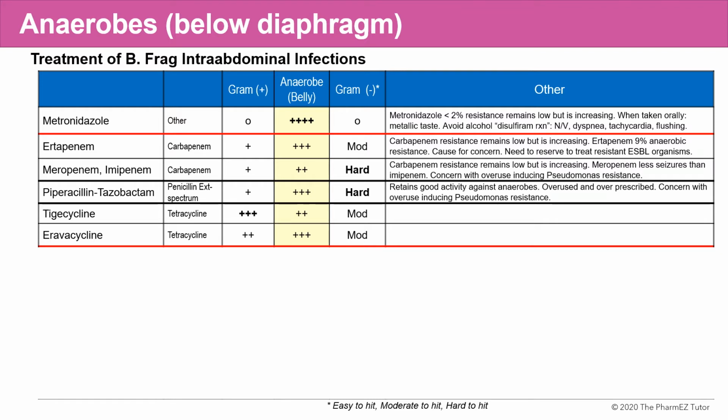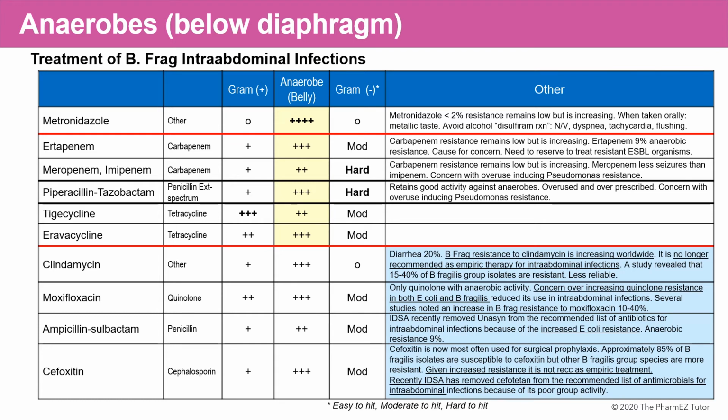Tigecycline, the same holds true for this antibiotic, as overuse can result in MRSA becoming more difficult to treat. Eravacycline, a new tetracycline, has some promise as a key intra-abdominal antibiotic, since it is not as broad spectrum as the other antibiotics.